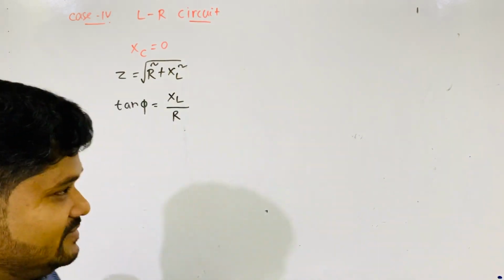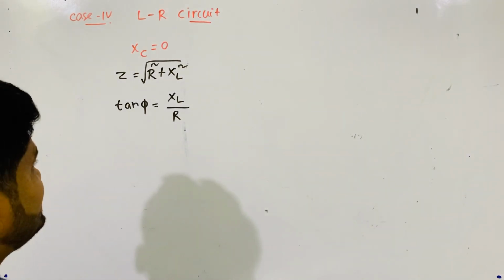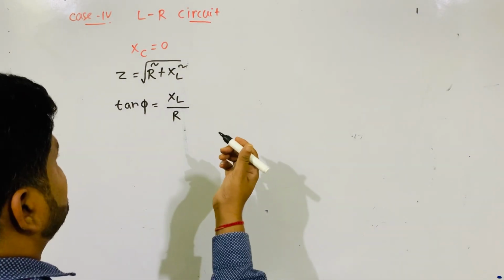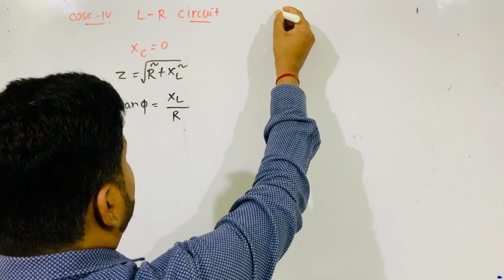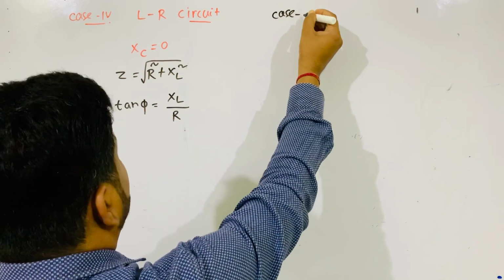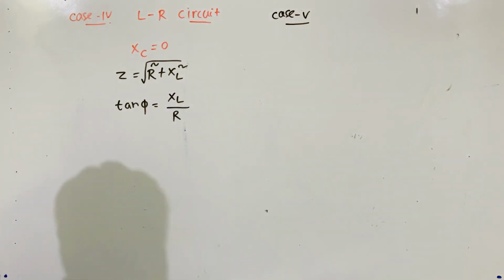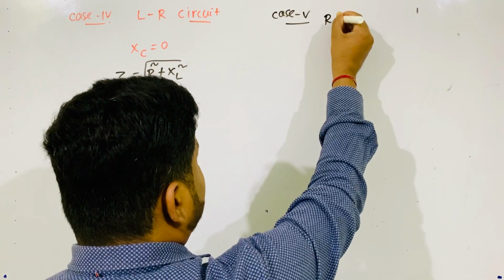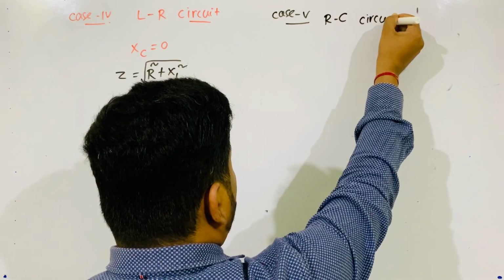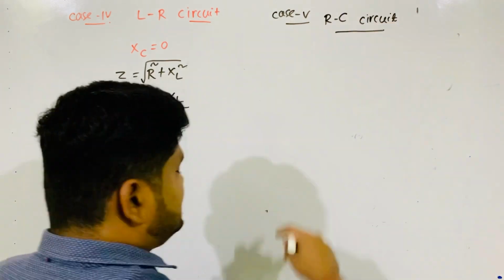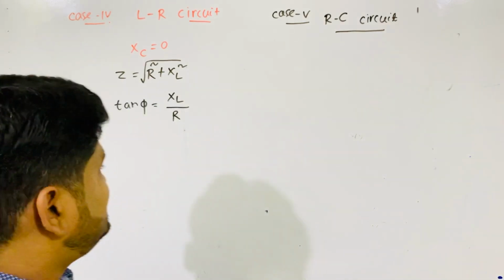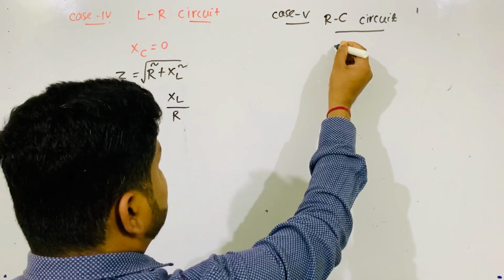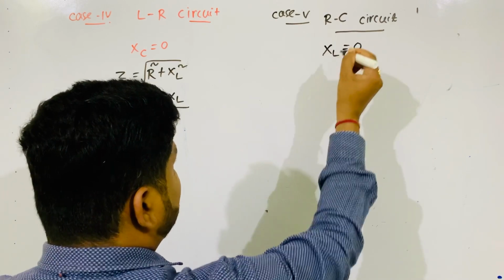Okay. Then next, this is the LR circuit. Case 5. Let's come to the RC circuit. What happens in an RC circuit? In an RC circuit, you see now XL is equal to 0.